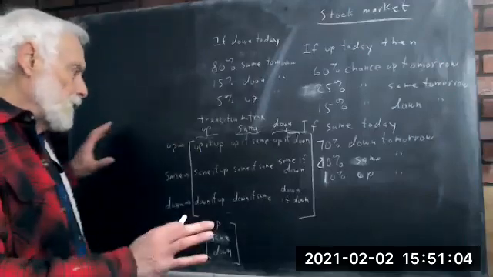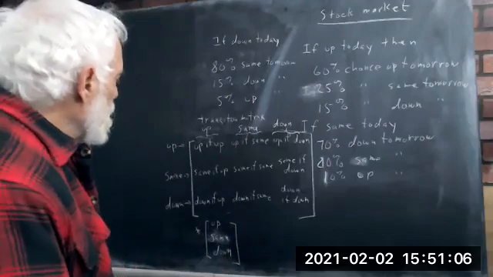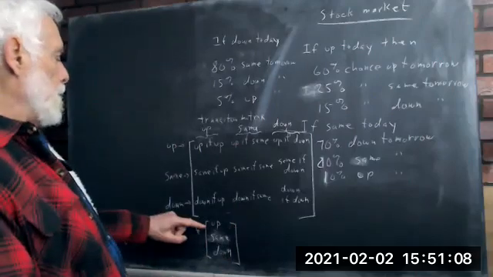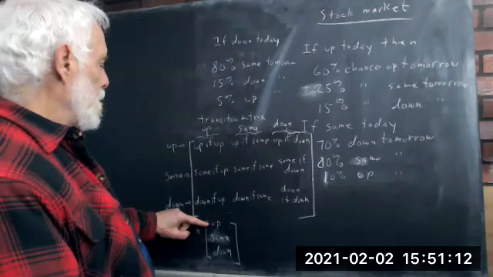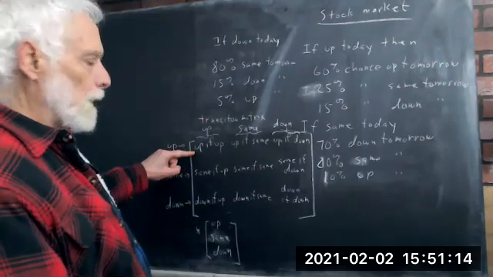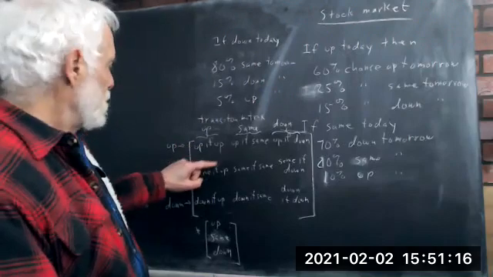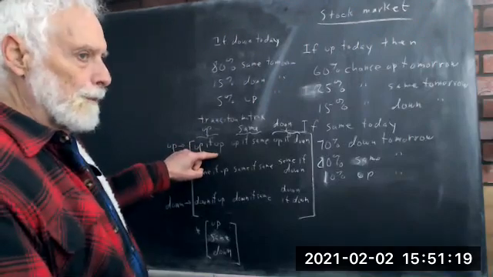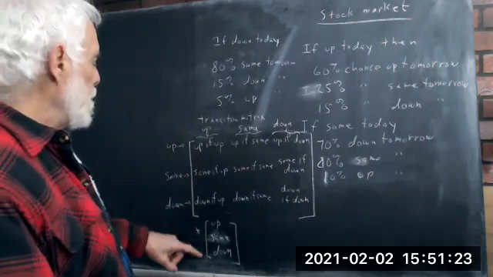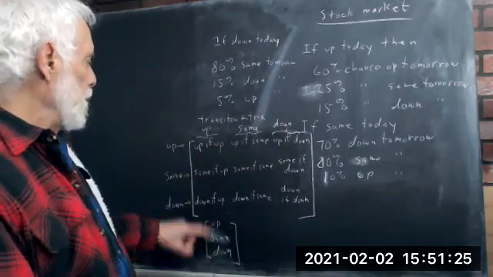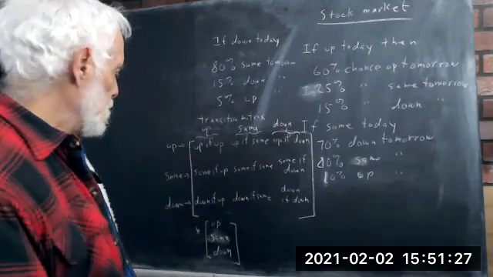Okay, now let's think about what happens. I multiply the probability that it's up by the probability that it'll be up if it was up the day before. So actually we'll get the probability tomorrow. If this is the probability today, then we're going to get the probabilities tomorrow.